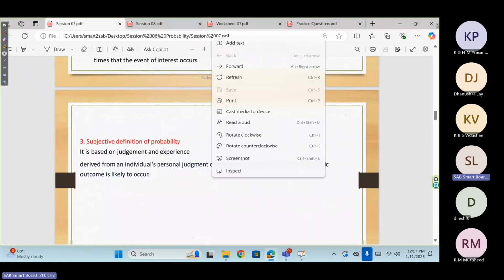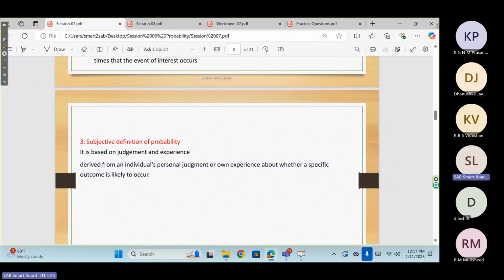Then the third approach is the subjective approach. In here, we get the probability value based on judgment, experience or knowledge. Take the same example, where we need to find out the defective rate. First we meet the quality supervisor and ask him what the defective rate is.